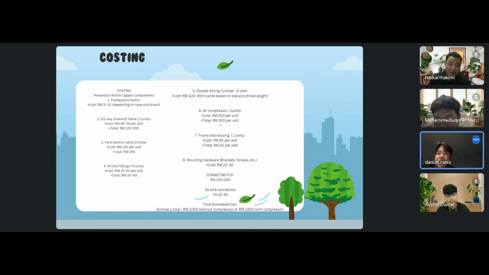We need 2 units of it. This varies based on the size and stroke of the cylinder. And for the sixth component, a compressor, 1 unit. It will cost us RM 300 per unit. This is the most expensive component in this bottle capping machine.